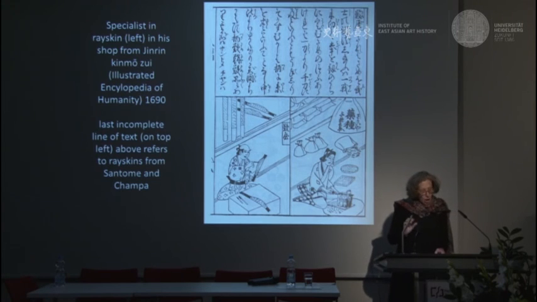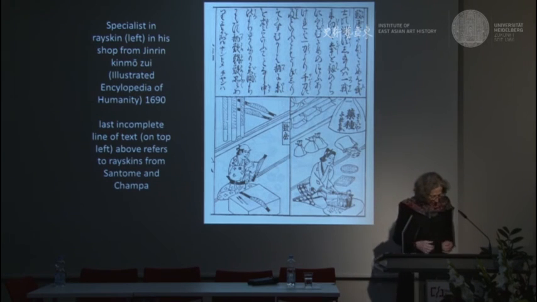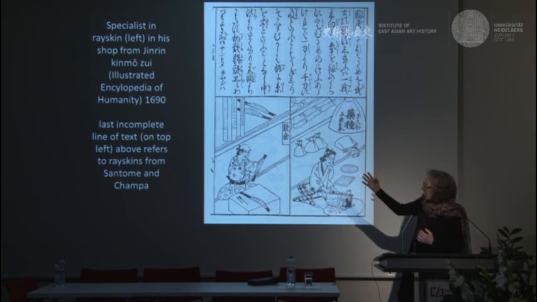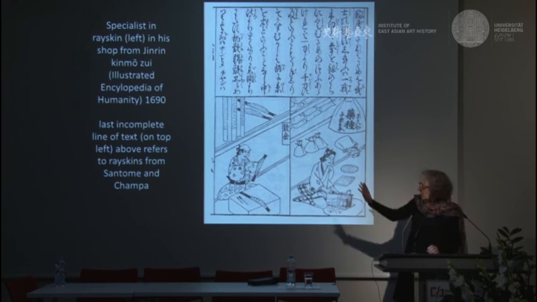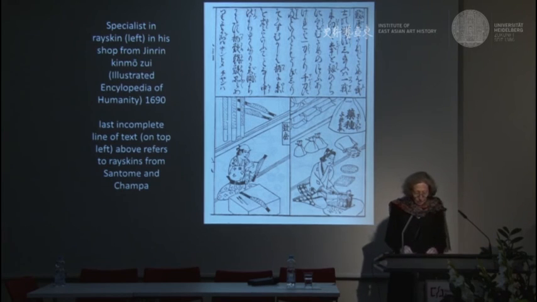But if you run a pawnbroker shop or a grocery store, a cramped interior and a suggestion of disorder is more suitable. Now, I think that this orderliness, this sense of classiness, is somewhat reflected in the neat array of the scabbards and other accoutrements in the scene on the left here from Jinnin Kimozui.